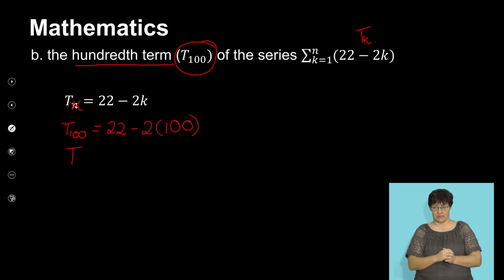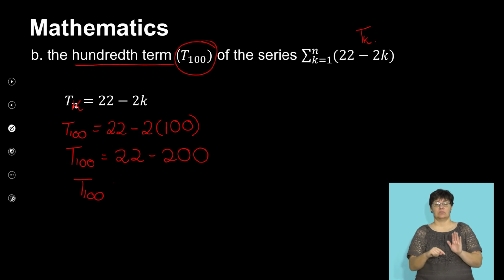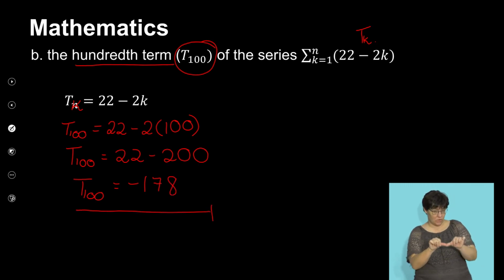So term 100 will be equal to 22 minus 200, which ultimately means that term 100 will be equal to negative 178. Great, guys. I hope everyone is with me.